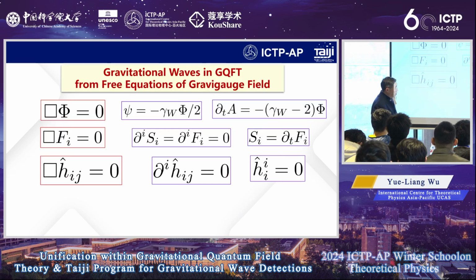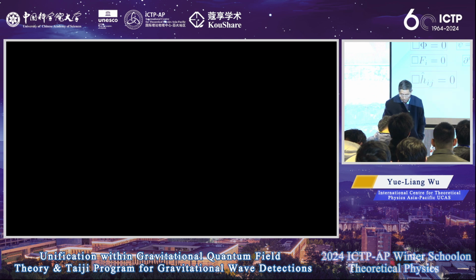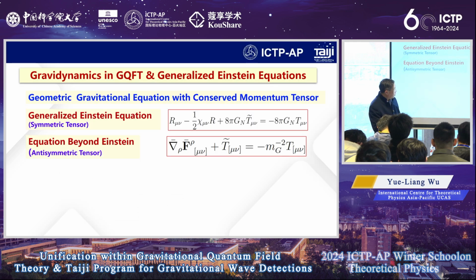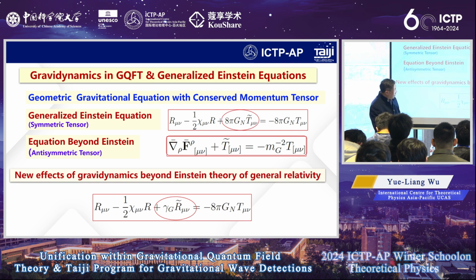So when you linearize the generalized Einstein equation without this term, we know these are the exact Einstein equation. Then we'll see what the new effect of these terms is.